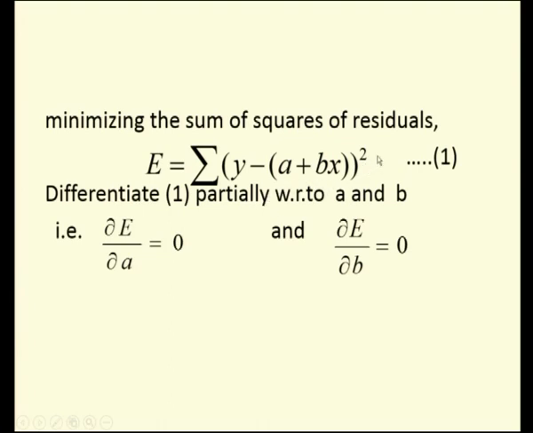To estimate the parameters a and b, we have to differentiate equation number 1 partially with respect to a and b, that is dou E by dou a, and put equal to 0. Similarly, dou E by dou b equal to 0, to get the estimators for a and b.